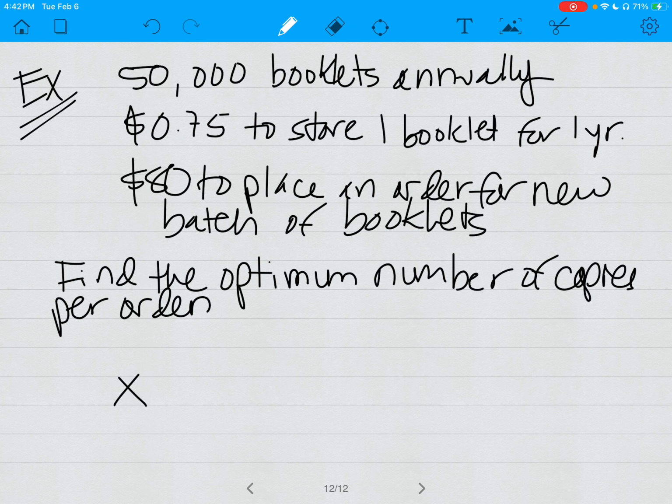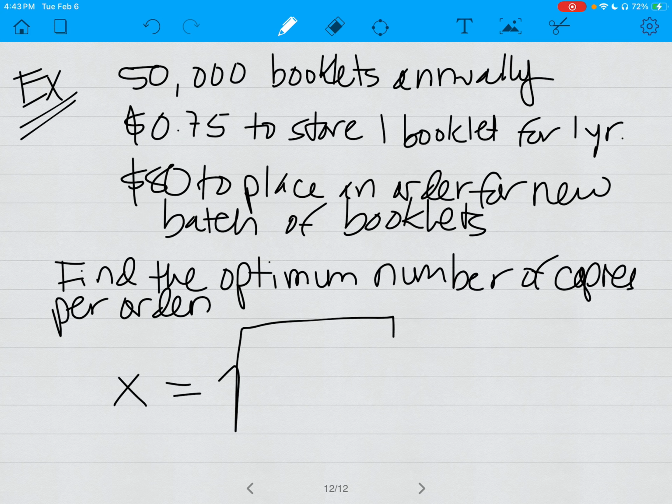Then into our equation, we have a square root. Then the first number that we put in is the lowercase k. And the lowercase k represents the cost of storing 1 unit of the product for 1 year.